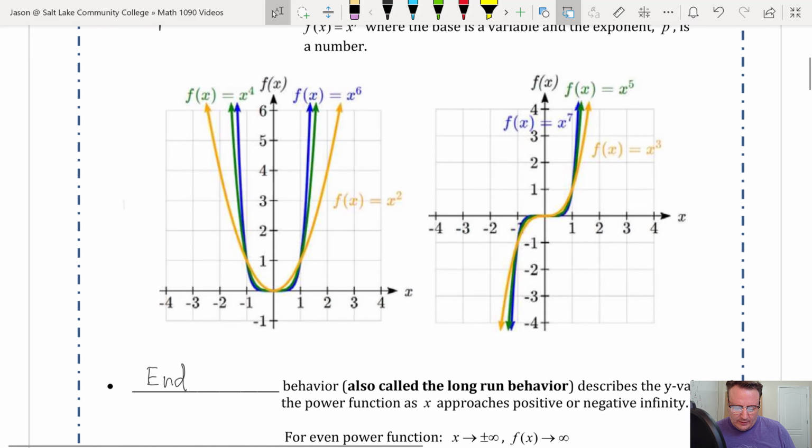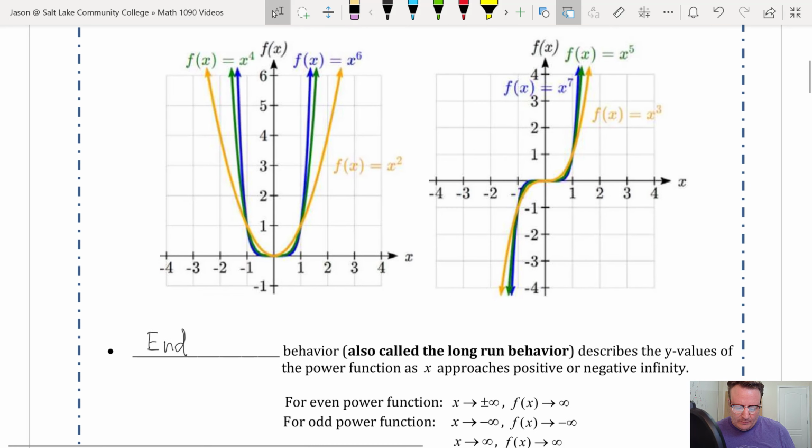On the left here we have graphs of power functions where the power is an even number, and on the right we have the graphs of power functions where the power is an odd number. Something important to notice is that the higher the power, the faster the function grows or goes off to infinity.